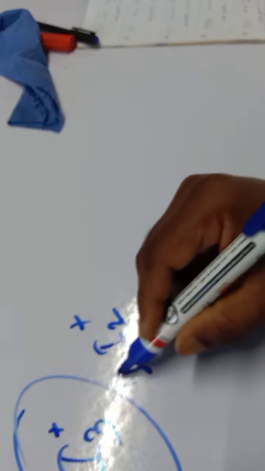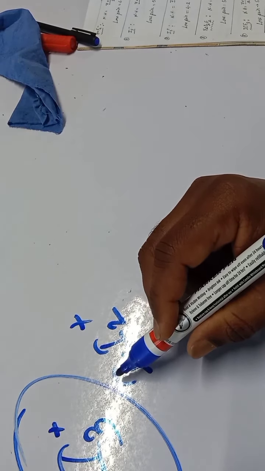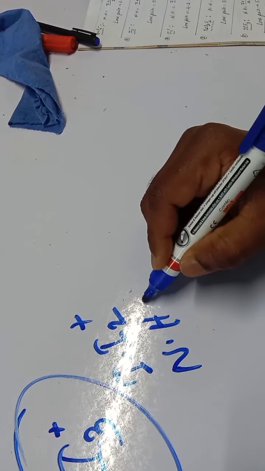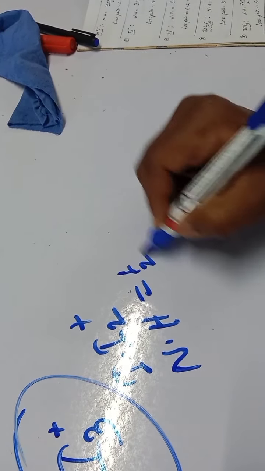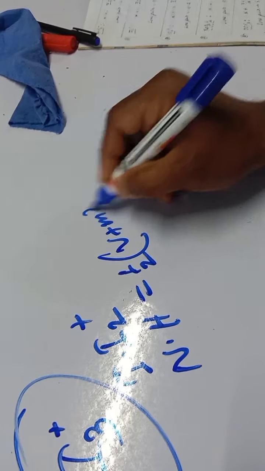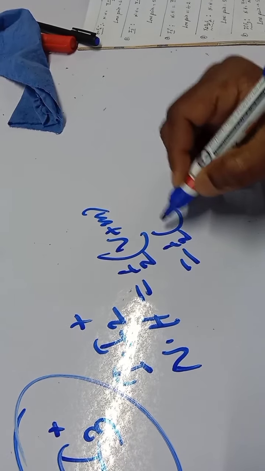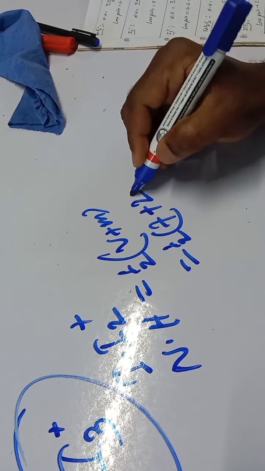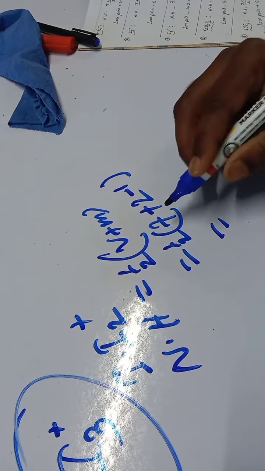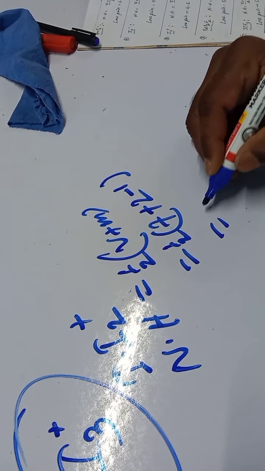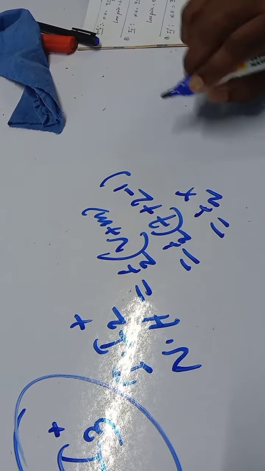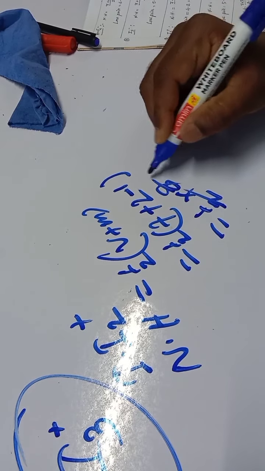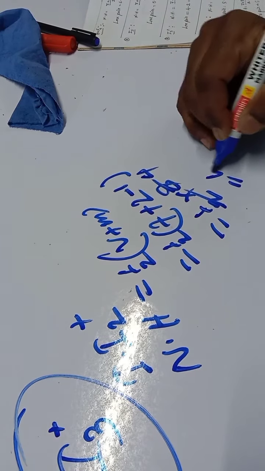I2 plus, the first one is the central atom, I. NH, that is the number of hybridization, half of V plus M, half of 7 plus 2 minus 1, that is half into 8, that is 4.